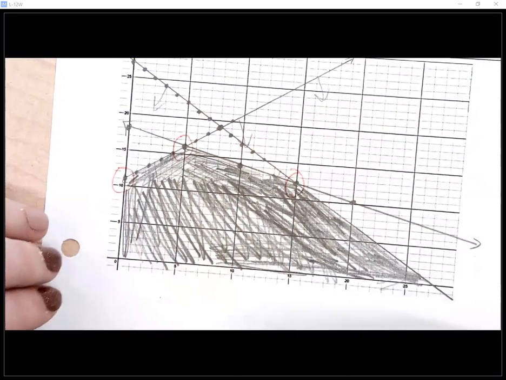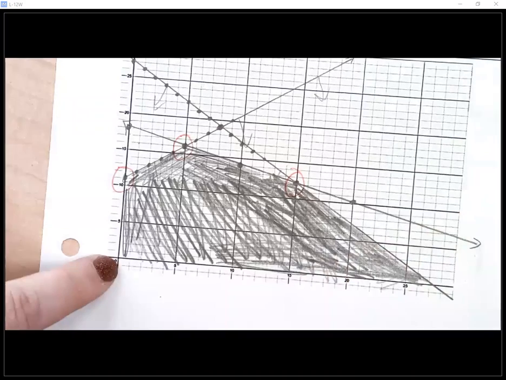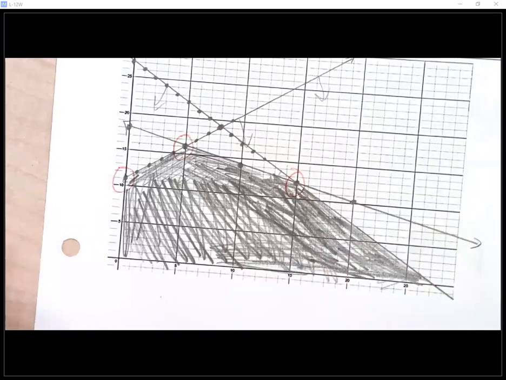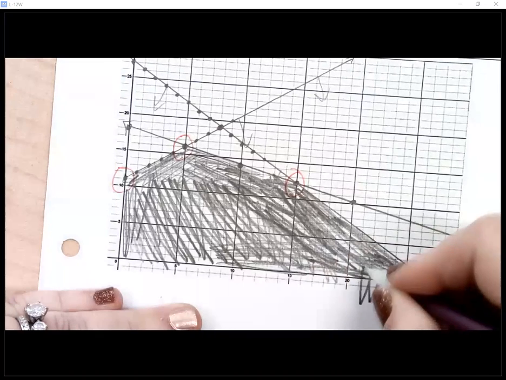Sometimes in the constraints, it'll literally be X can't be less than 0, Y can't be less than 0. I actually don't have that here, and it doesn't matter since I'm trying to maximize my cost. Obviously making nothing wouldn't maximize anything for me. So this region actually does keep going into the negatives because this one didn't stop us.